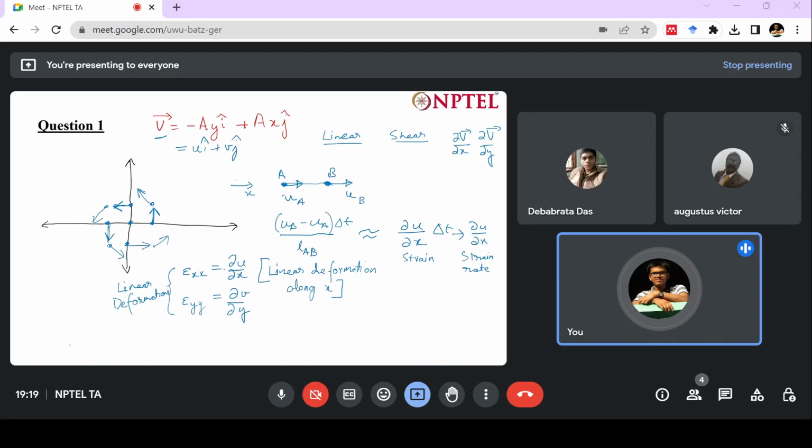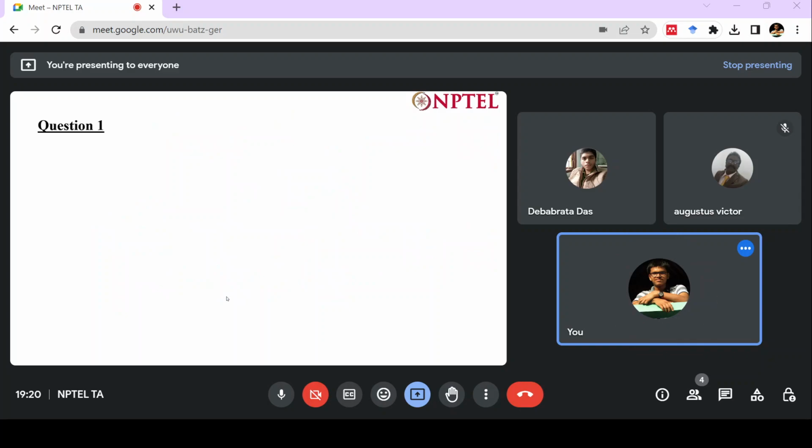So del u del x is zero, because u is only a function of y, and del v del y is also zero, because v is a function of x, not y. So there is no linear deformation, that we are now sure about.